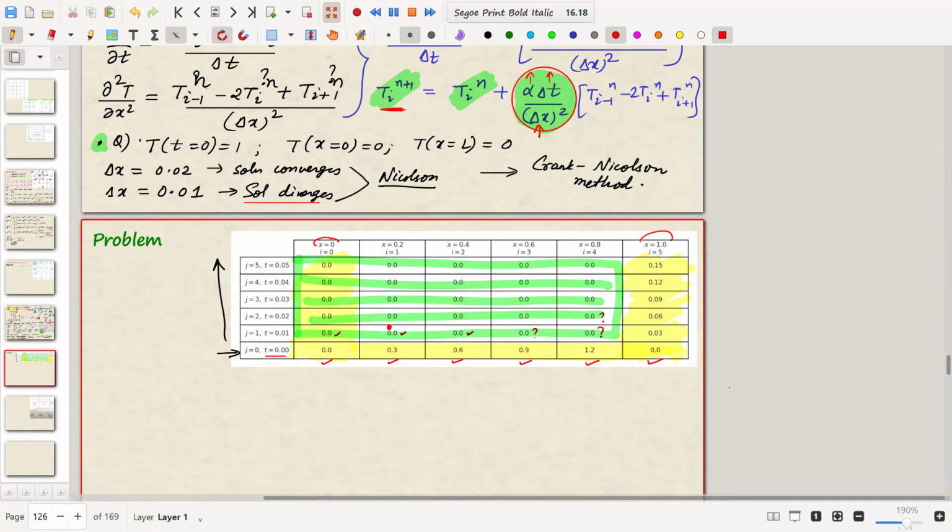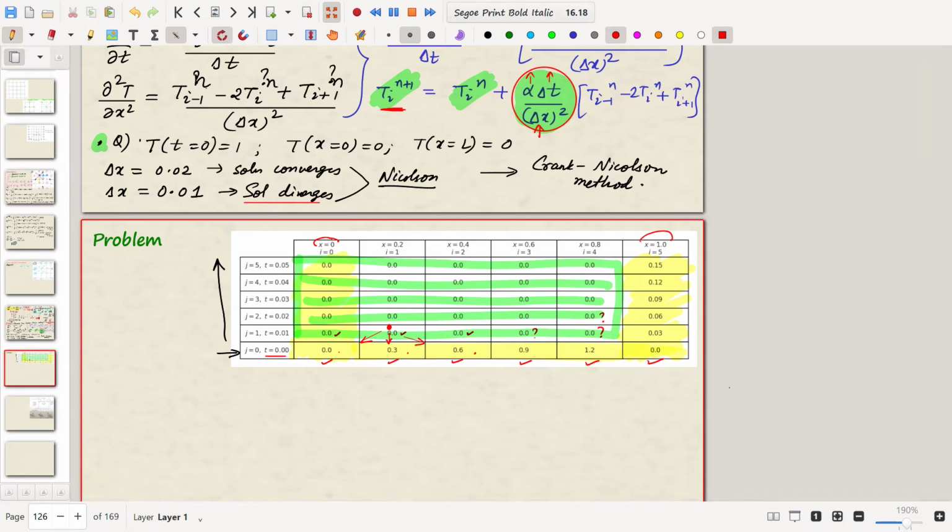It depends on T_i^n, which means the value just below. Plus some constant times T_(i-1)^n, the left hand side value, minus 2 T_i^n, the same value, plus T_(i+1)^n, the right hand side value. So if you want to find this unknown, it depends on these.